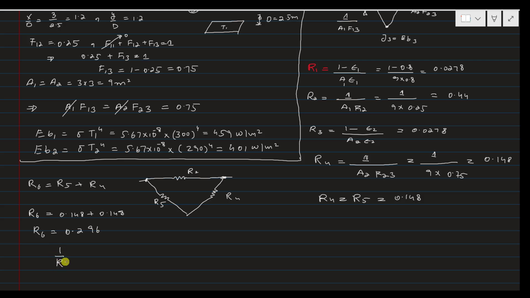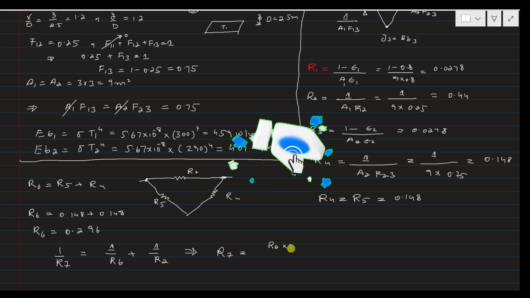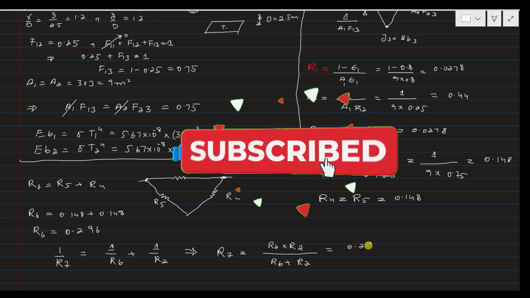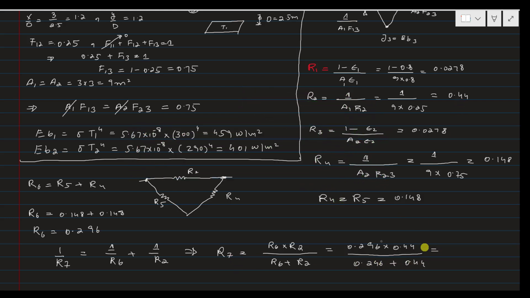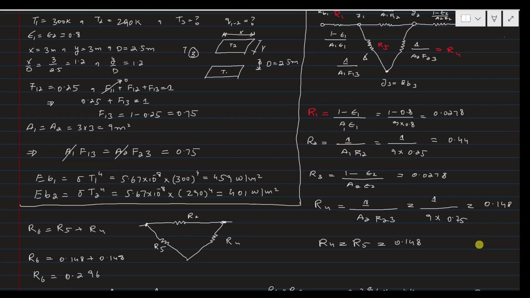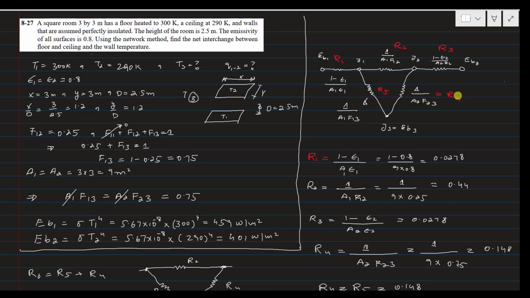So 1 over R7 is equal to 1 over R6 plus 1 over R2. For this whole triangle, the equivalent resistance is R7. You will get its value, that is 0.177.